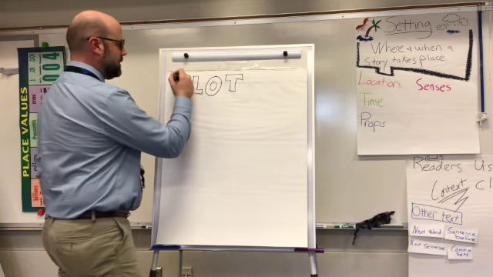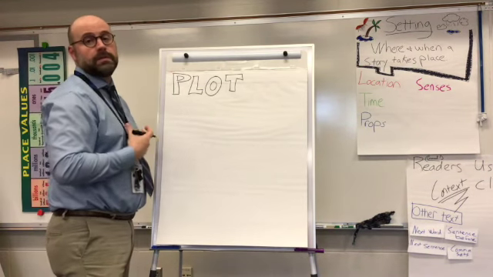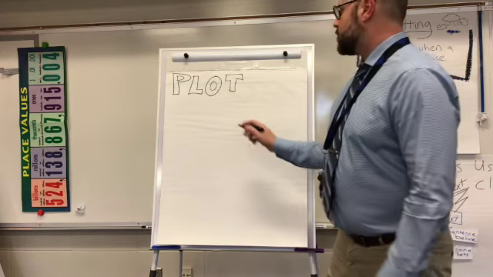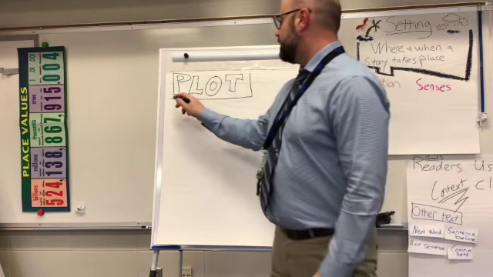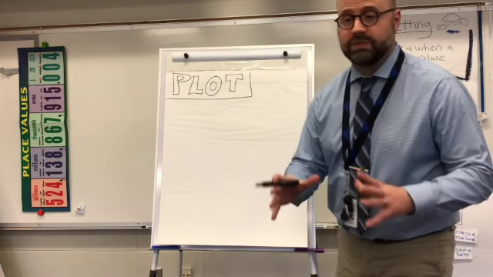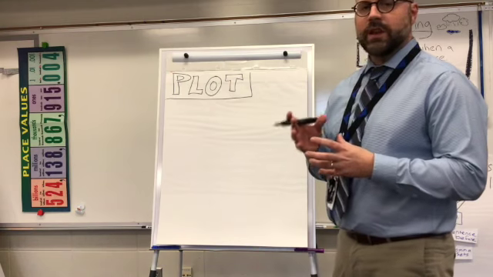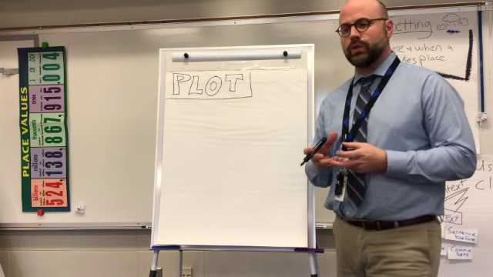And plot is a pretty interesting thing to me personally, as a lover of literature, as a lover of just reading and stories and all that stuff, because plot is what happens in a story.